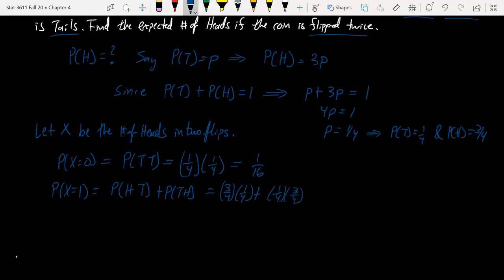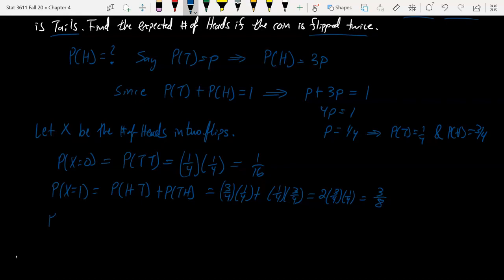Notice these are the same products, just in a different order. Because of the commutative property of multiplication, we can do this together. This is 2 times 3/4 and 1/4. So that would be 3/8, I believe.